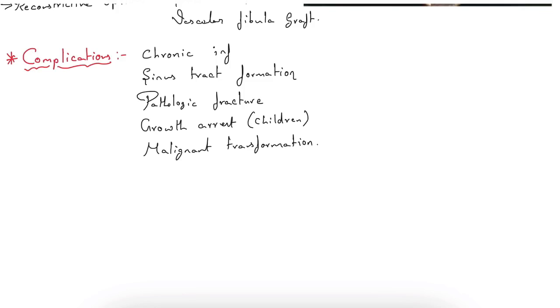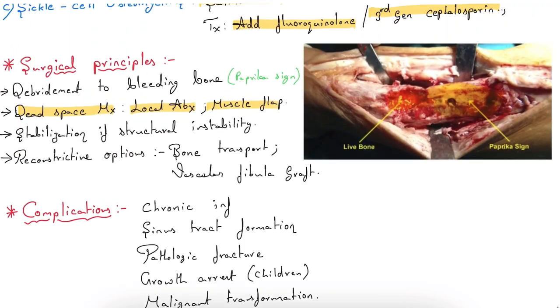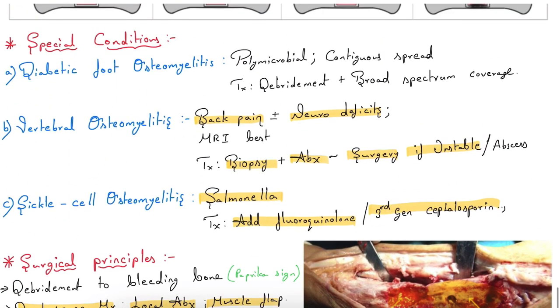Always, if you are suspecting osteomyelitis, we have to do some labs, then MRI and blood culture, start empiric antibiotics and biopsy, and if there is an abscess and the patient is unstable, we have to do debridement if needed, give culture directed therapy, and always monitor the erythrocyte sedimentation rate and C-reactive protein.